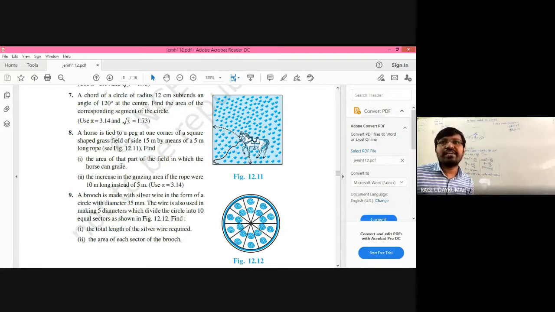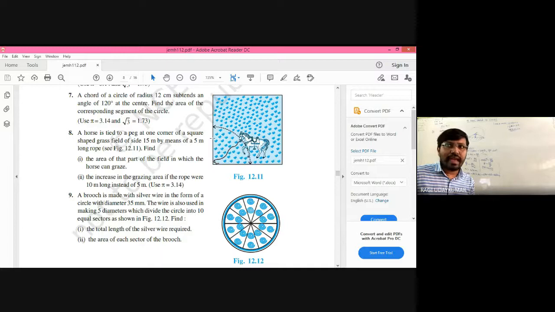The question asks for the area of that part of the field in which the horse can graze. The horse can come inside, but it cannot go outside.